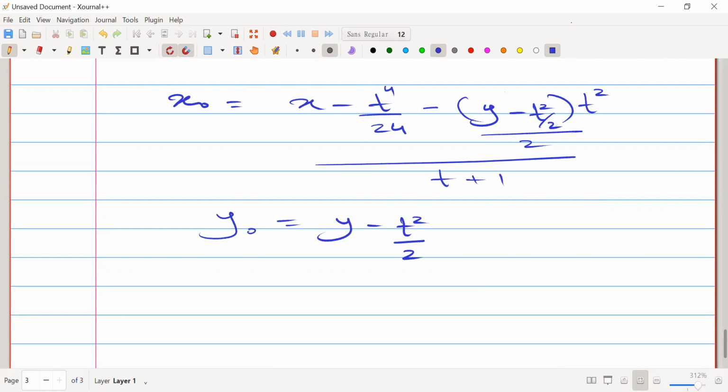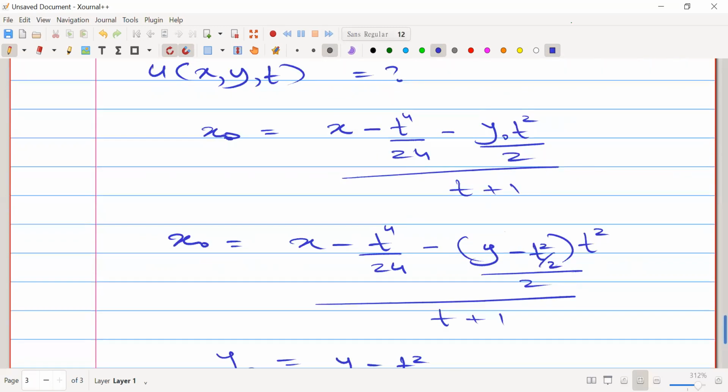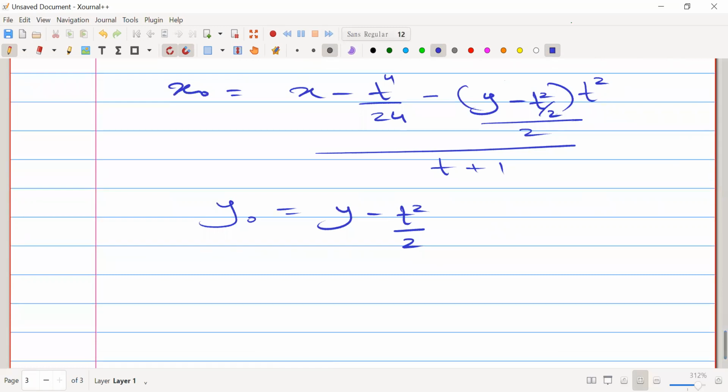So what we can do now is simply plug these values into u, where u is equal to t cube over 6 plus y naught times t. For y naught, we have y minus t squared over 2, so y minus t squared over 2 times t. And then we have plus x naught.